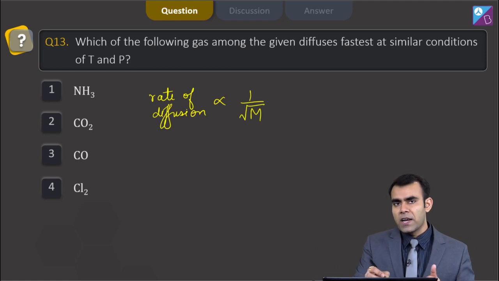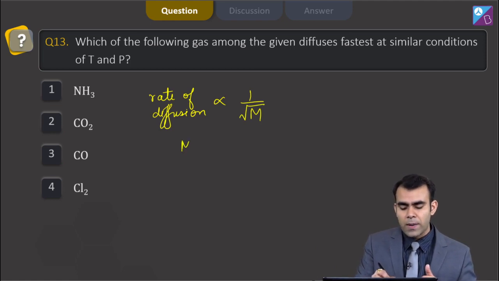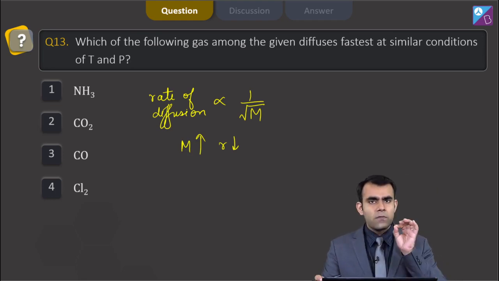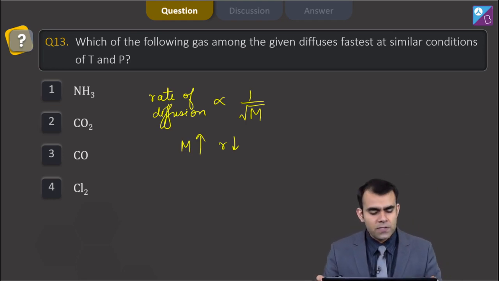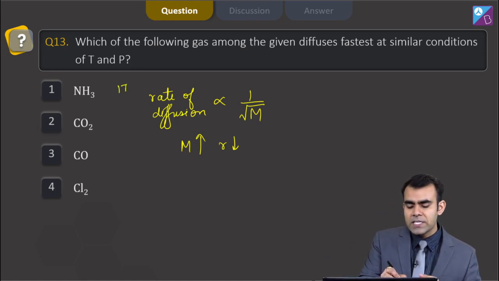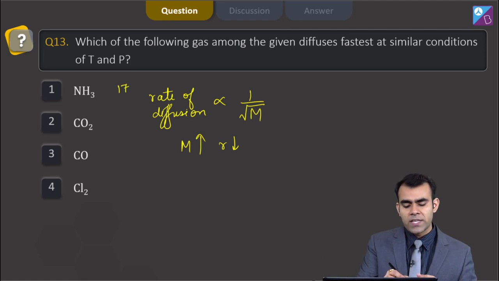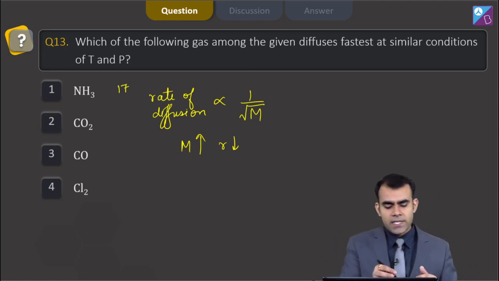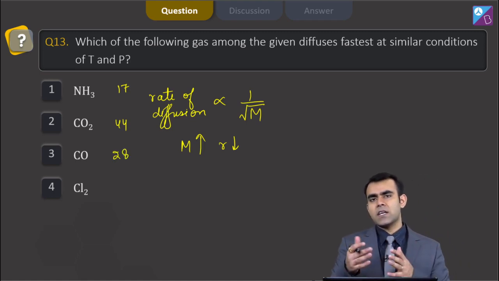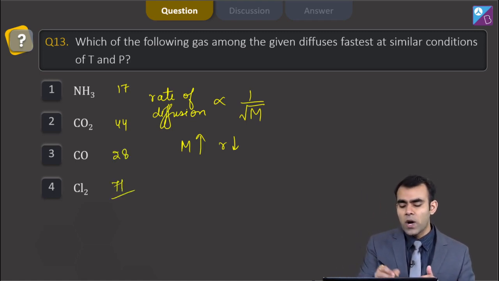It means the one which is having the highest molar mass will diffuse at a lower rate. Yes, this is correct. For that we need to know the molar masses. For example, the mass of ammonia is 17. Mass of CO2 is 12 plus 32, it is 44. Mass of CO is 28 and mass of Cl2 is, Cl is 35.5, so this is 71.